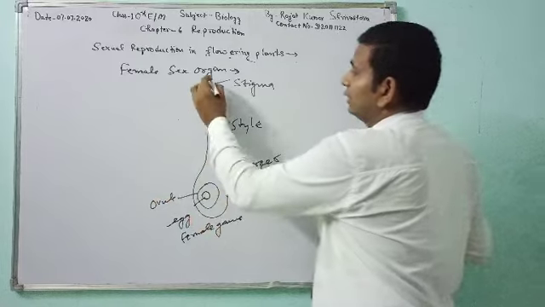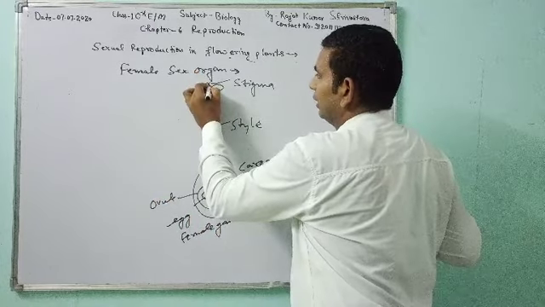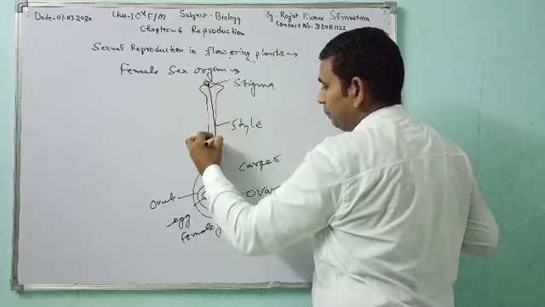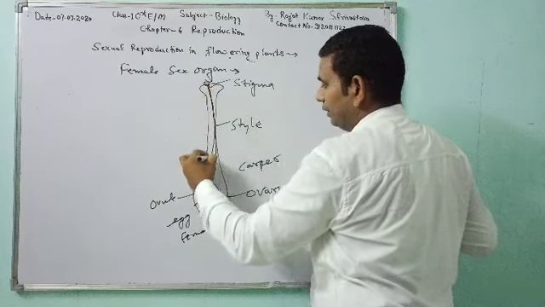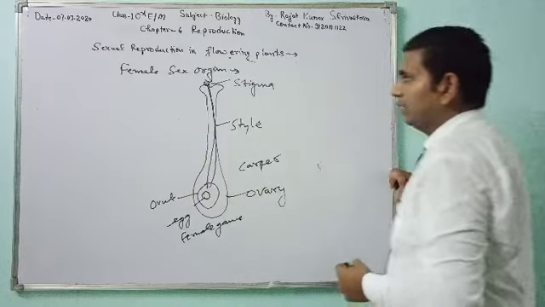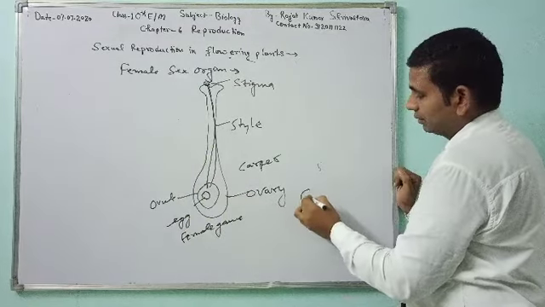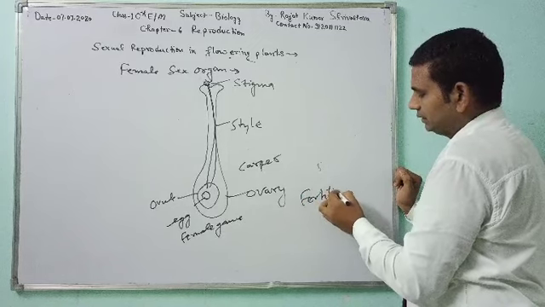After that, the pollen grain reaches the stigma and forms the pollen tube and fertilizes the egg of the female. This process is called fertilization.